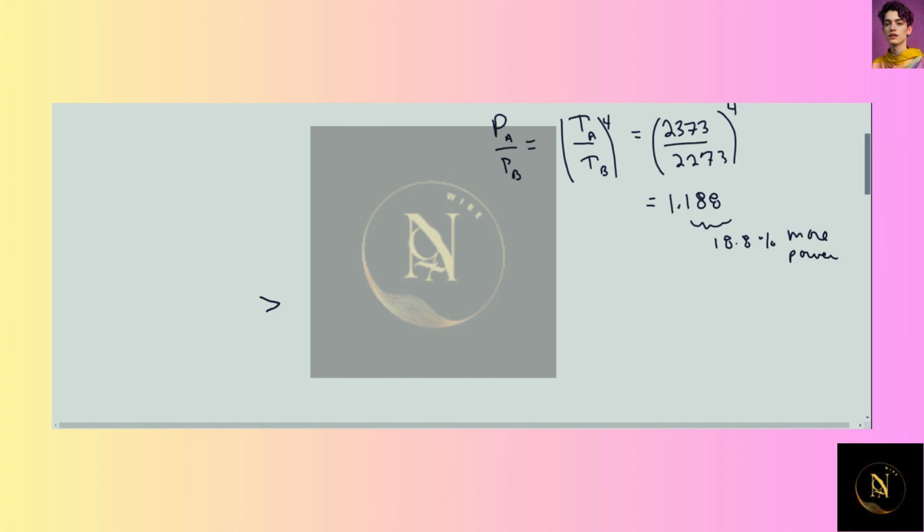And what we want to do is change the radius of a cylinder on B so that power B equals power A.